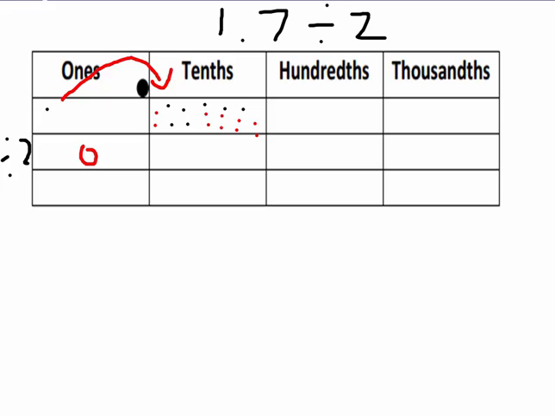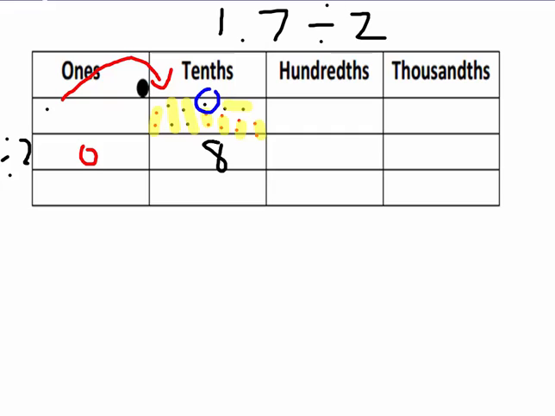Now this part's going to be hard because I need to circle them in groups of 2. So I'm going to see if highlighting will work better since the marker's not. So there's 1 group, 2 groups, 3 groups, 4 groups, 5 groups, 6 groups, 7 groups, 8 groups. Notice how I get that 8 again, but I'm left with that one little guy.